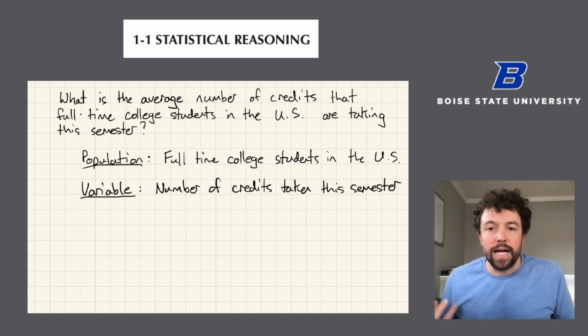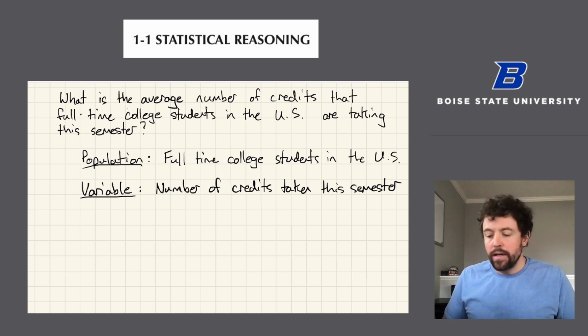A variable assigns a number or non-numerical value to each individual in a population, but this population is huge, right? There are millions of full-time college students in the United States. So those numbers are way too much to deal with.